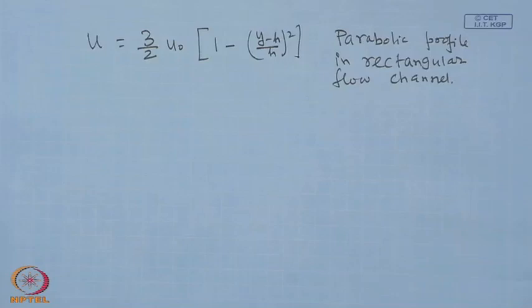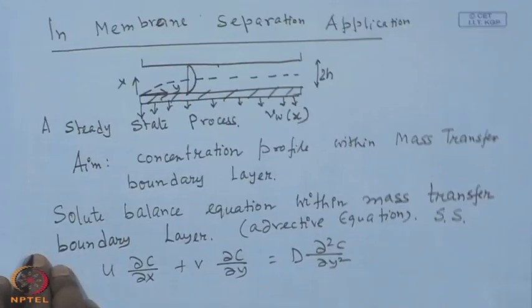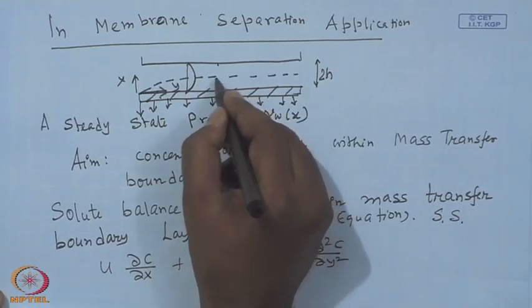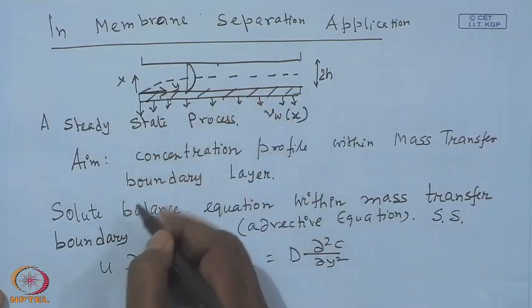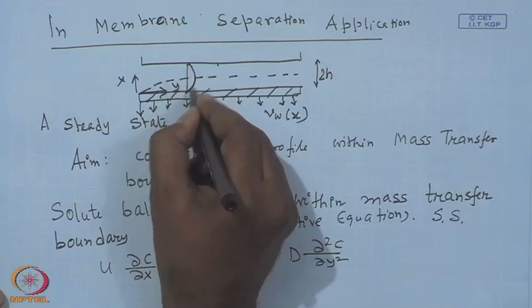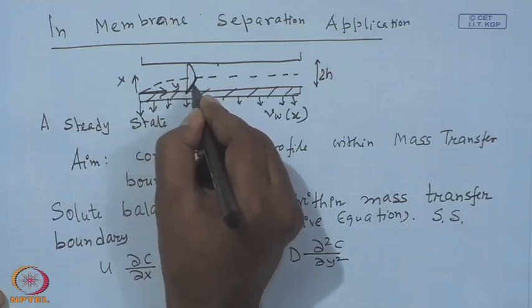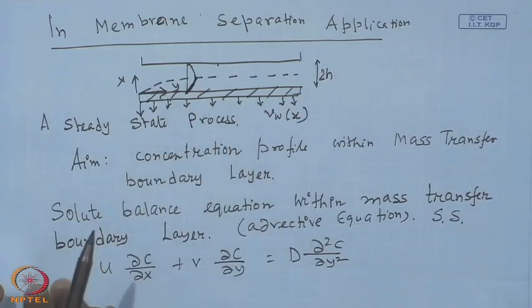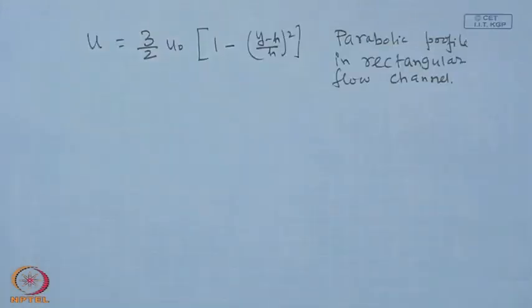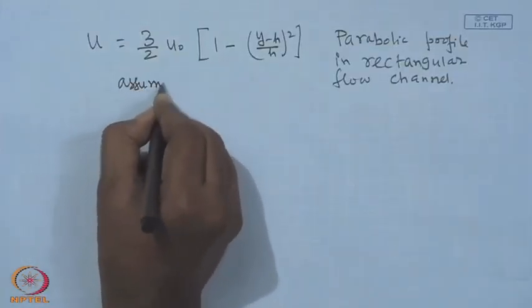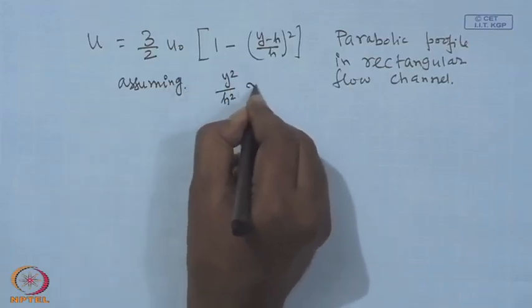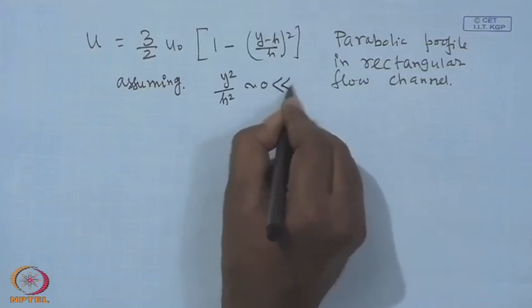Now, we are going to solve the concentration profile within the thin boundary layer. Beyond the concentration boundary layer, the concentration remains the same, so we need not have the full profile, only the profile within the mass transfer boundary layer. If you see the profile of the velocity within the mass transfer boundary layer, it becomes a linear one. Therefore, we linearize the velocity field assuming y square by h square and higher order terms will be negligibly small, much less than 1.